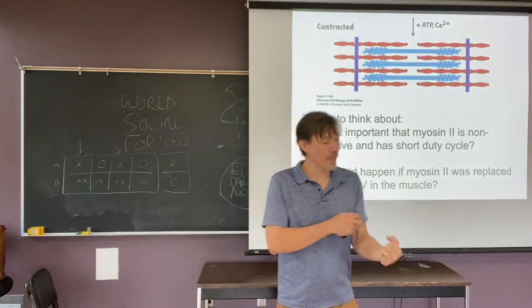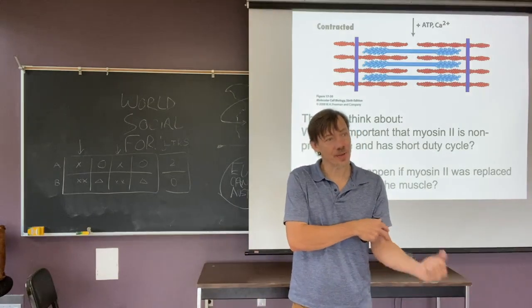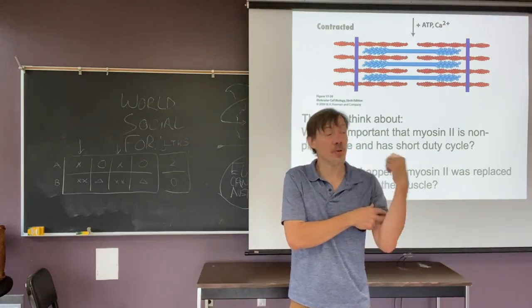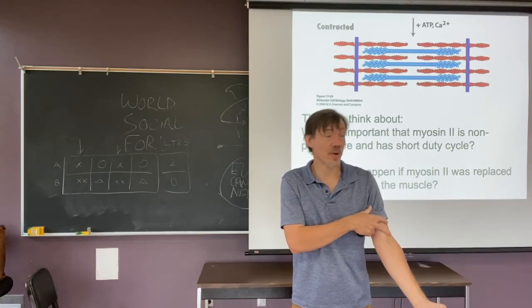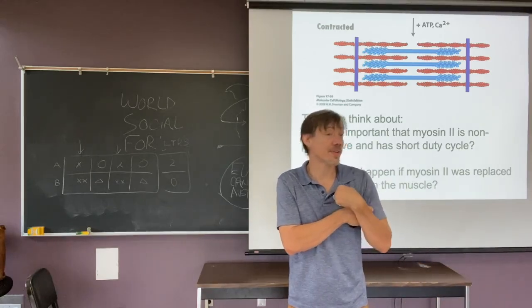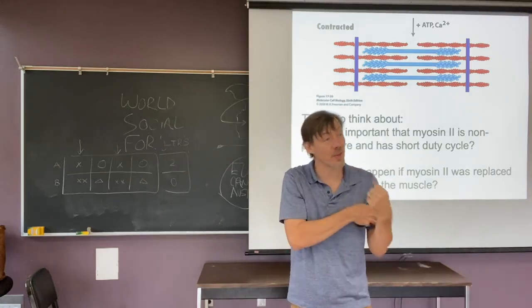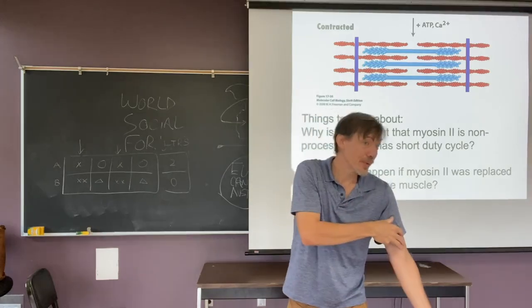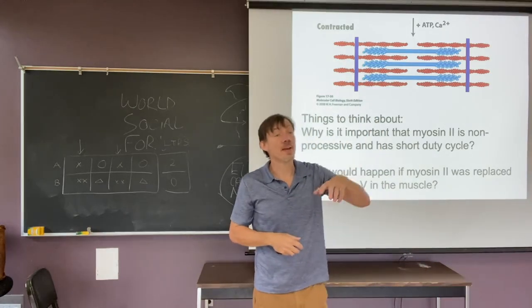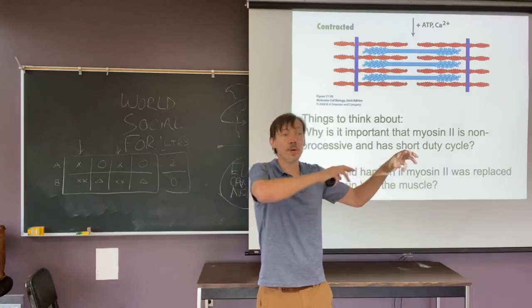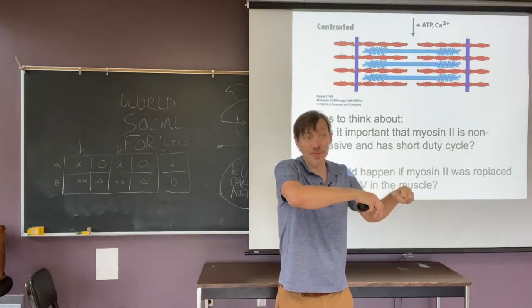So one thing about muscle contraction is you need contraction and then you need relaxation. So it's important that the myosin can be disengaged from the actin filaments to allow muscles to expand. Because myosin 5 is processive, it would always be gripped to the muscles.